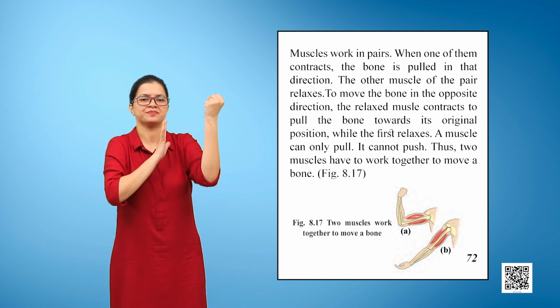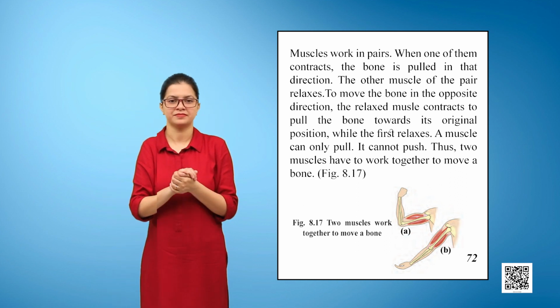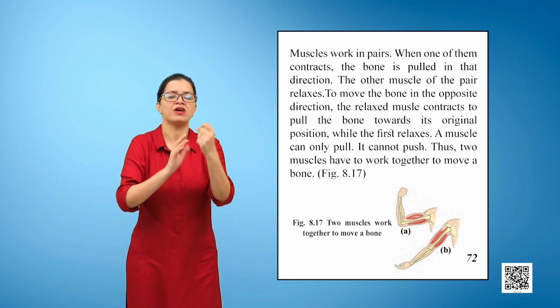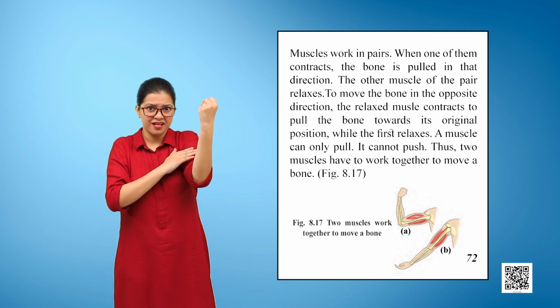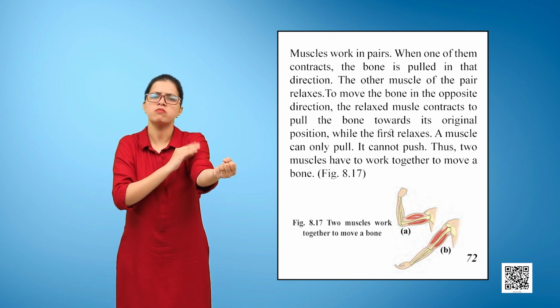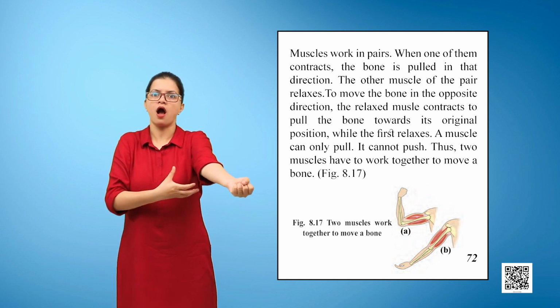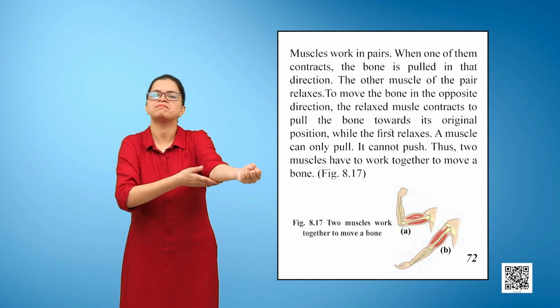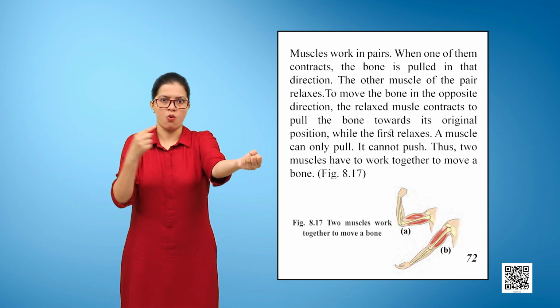The other muscle of the pair relaxes. To move the bone in the opposite direction, the relaxed muscle contracts to pull the bone towards its original position, while the first relaxes.